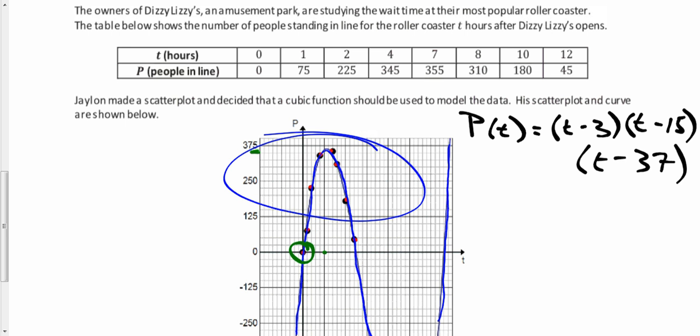Well, it crosses here, right? And is that an estimate? No, the t-axis, the axis that's labeled t. Is that an estimate, though? Why not? I got a data point right there, so that's not an estimate. That's a hard point.